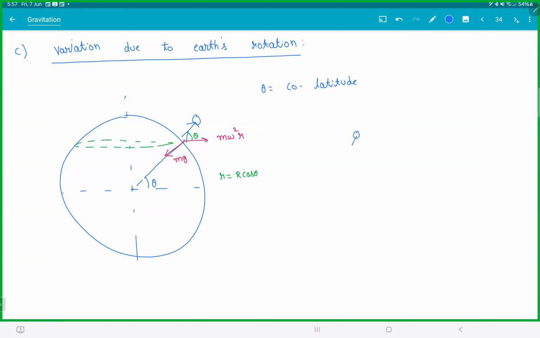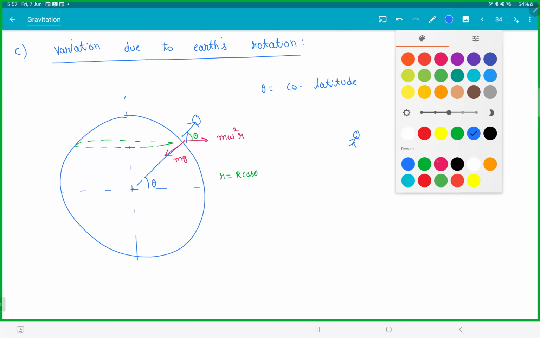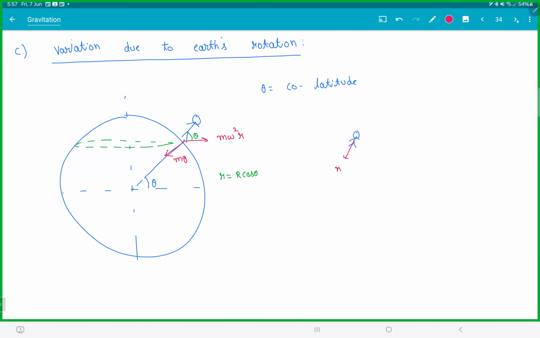So this person will feel the gravity is down, toward the center of the Earth, and this component would be m omega square r cos theta. So mg apparent would be mg minus m omega square small r, which is again r cos theta, into cos theta. You get a cos square theta.